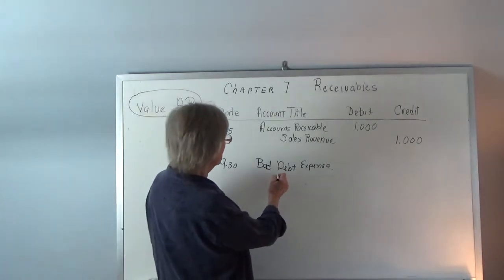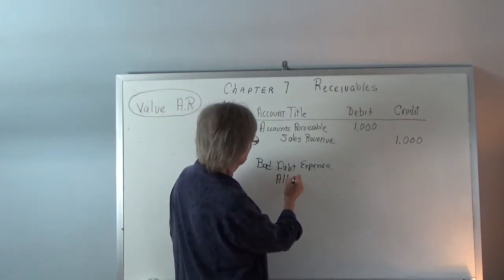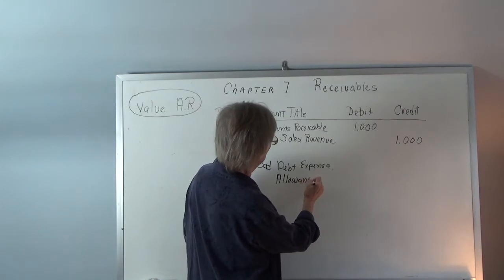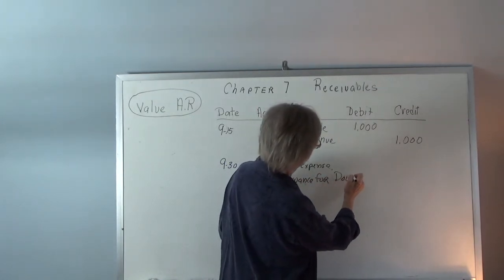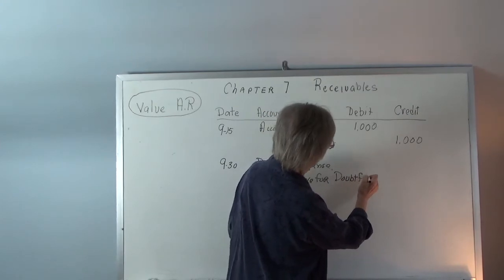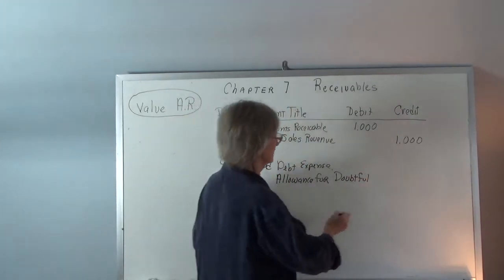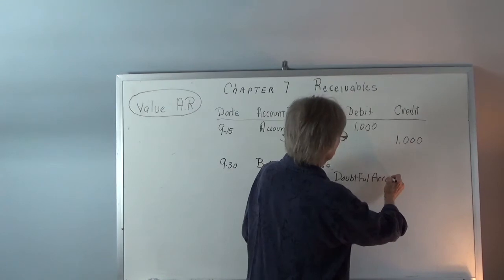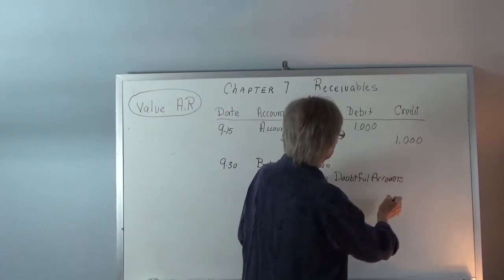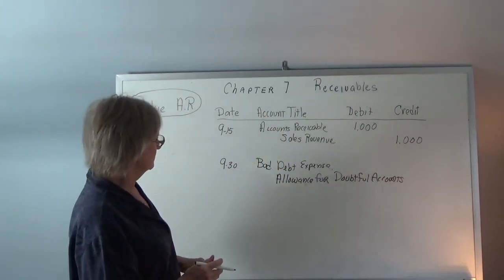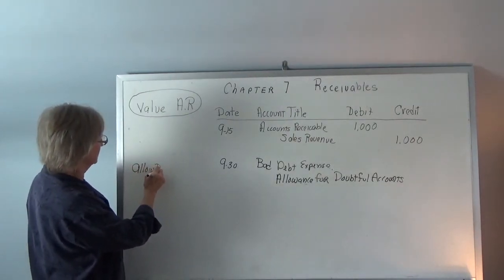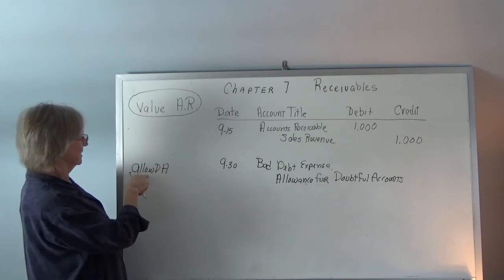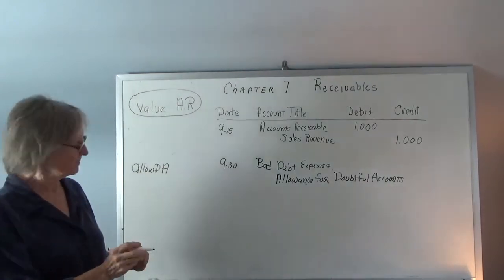So what we do instead is we create the allowance for doubtful accounts. This is why I work better on Excel than on whiteboards, but allowance for doubtful accounts, which we can abbreviate on exams as allowance for DA, I'll know what you mean.